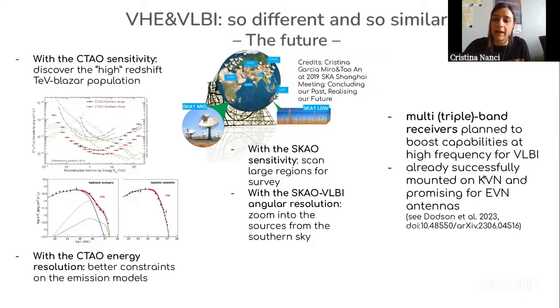They will give us better capabilities at high frequencies, allowing us to go closer to the central region of these objects and to better understand the very compact part very close to the central region.